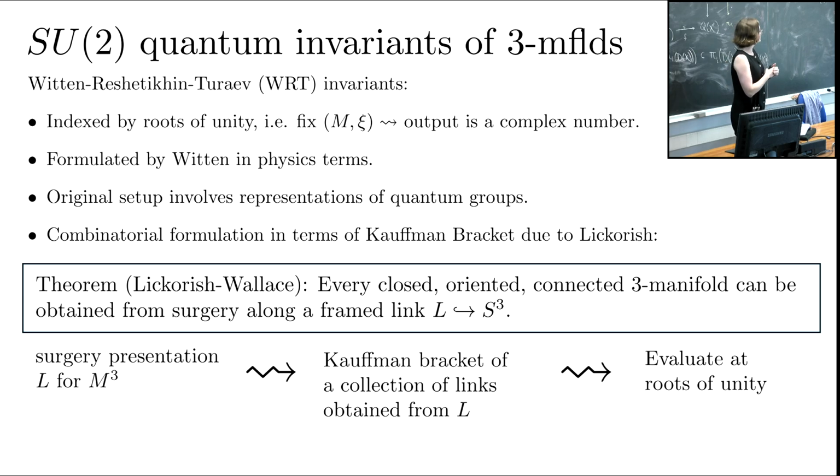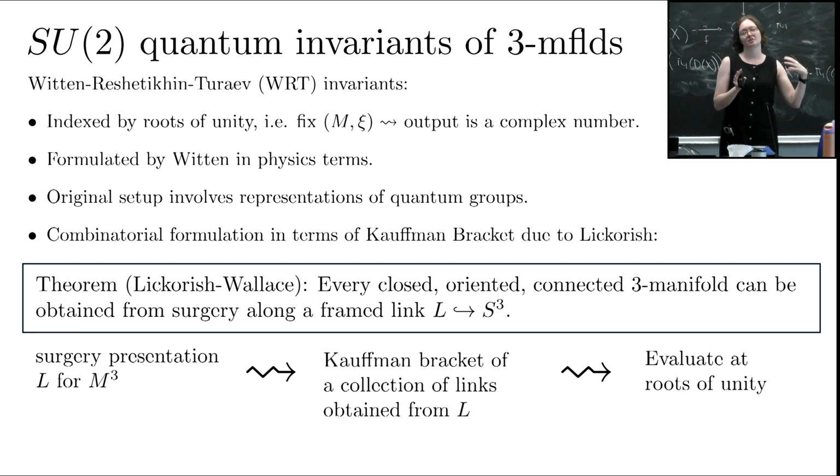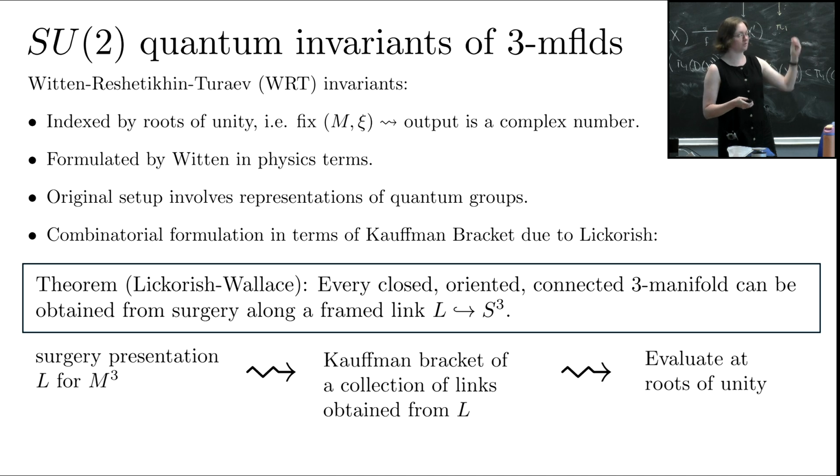If you'd like to calculate the WRT invariant, you start with that surgery presentation and calculate the Kauffman bracket of a collection of links obtained from L. Then you have this massive polynomial-looking thing, and you evaluate that at various roots of unity, and that gives you your invariant of the pair manifold and root of unity.